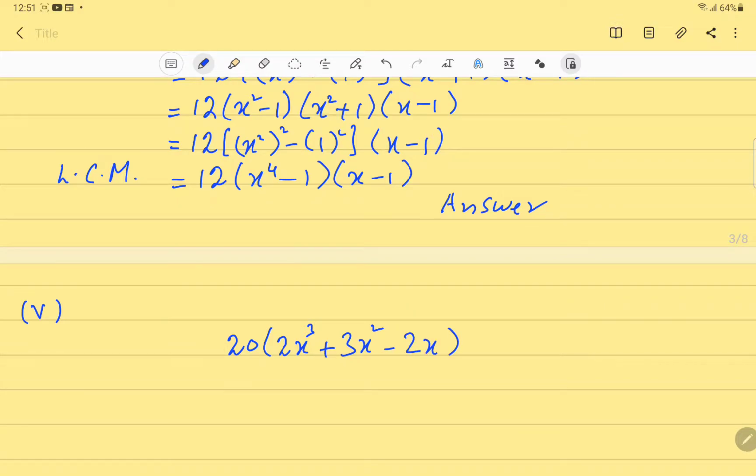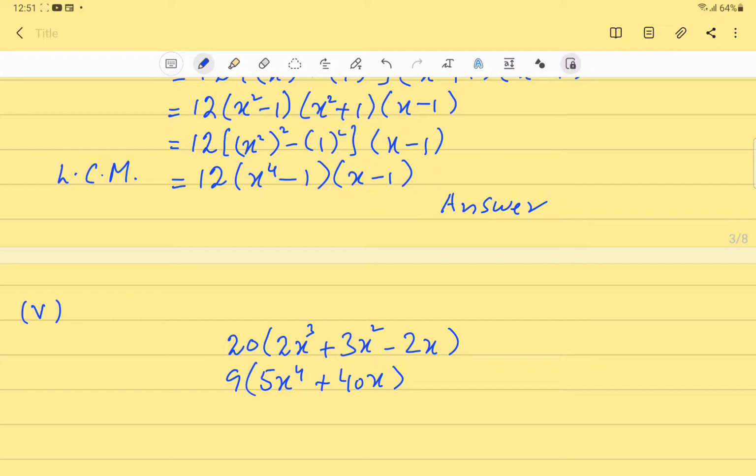This is our first expression, and the second expression is 9 into 5x raised to power 4 plus 40x. So this is our second expression.